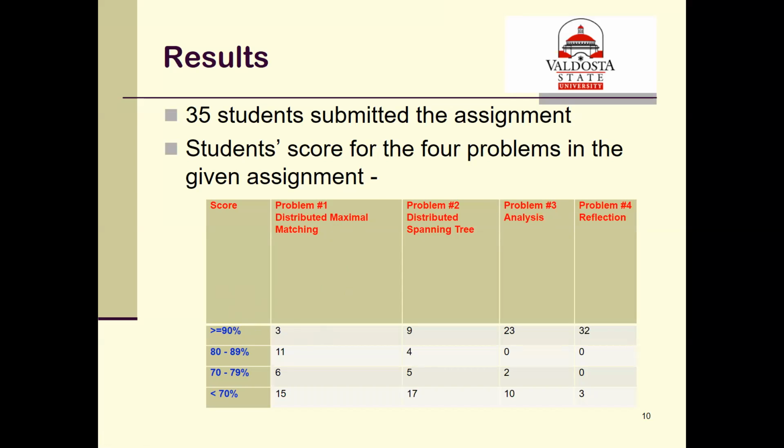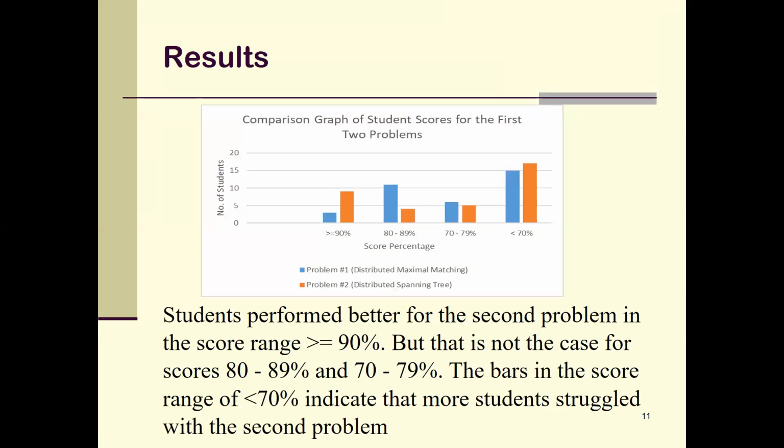The table has all the numbers, but let's take a look at the graph for the pictorial information. Problem number 1 has to do with the distributed maximal matching, whereas problem number 2 is the distributed spanning tree algorithm. So let's focus on them for a moment.